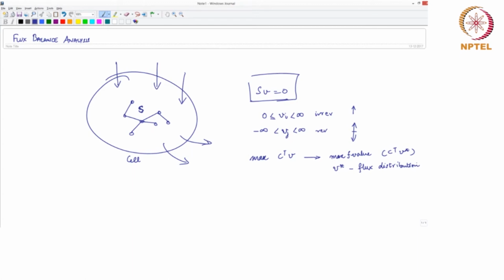What can you now tell me about the uniqueness of v star and c transpose v star? Have you studied linear programming before? You may need to call in some logic of linear programming here.